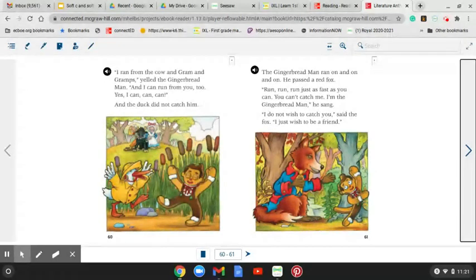They are tricky. He is not saying what he really means. So now let's see what the gingerbread man does. Does he stop? Does he keep running? Okay. Are your predictions correct so far? Has he escaped everyone? Will he continue to escape everyone? Let's move to the next page and see.